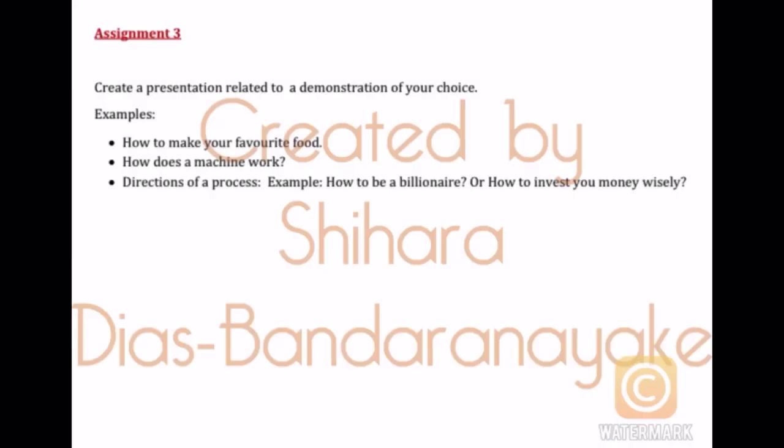Now this is assignment number 3, and what you have to do is to create a presentation related to a demonstration of your choice. So you can tell me how to make your favorite food. Okay, so you'll have to give me a step-by-step demonstration of how to do it. Or you can talk about how a specific machine works.